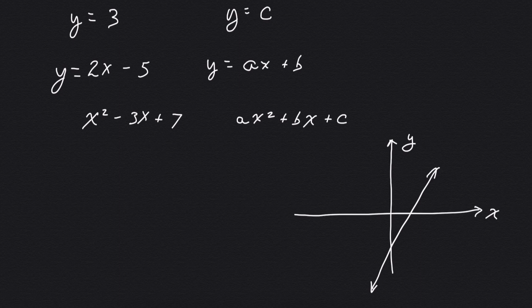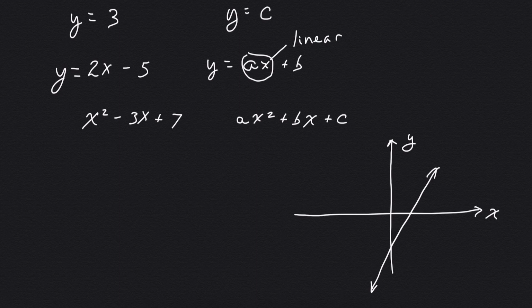So for that reason, this term of x is often called the linear term, because when that term of x appears, I don't get a constant line that can only attain one value. I now have a linear expression that can attain any value at all.